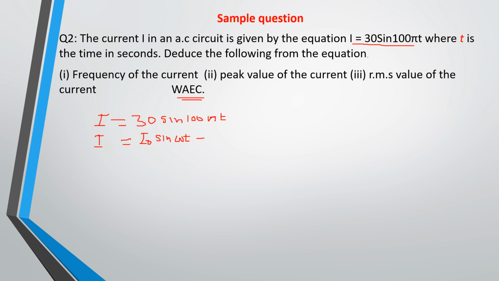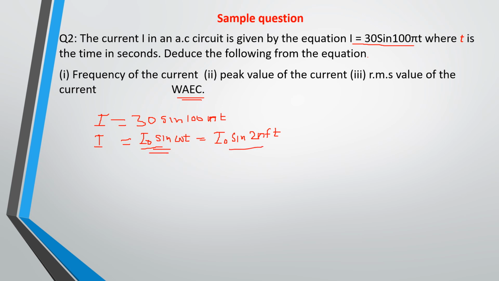Now, as I said before, this equation can also be written as I equals peak current sine 2 pi f t. Remember we discussed it before in the previous slide. So these two equations are the same.